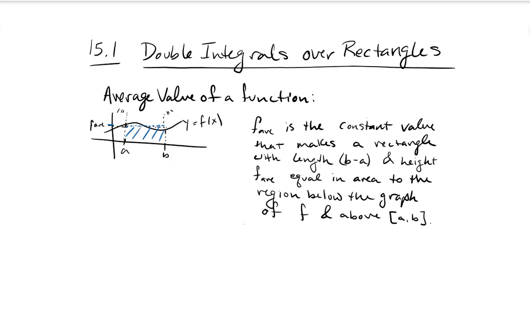The rectangle from A to B with height given by this f average value is going to produce, so long as we have the right f average value, a rectangle with area equal to the area under our actual graph from A to B, which I'll shade in black.